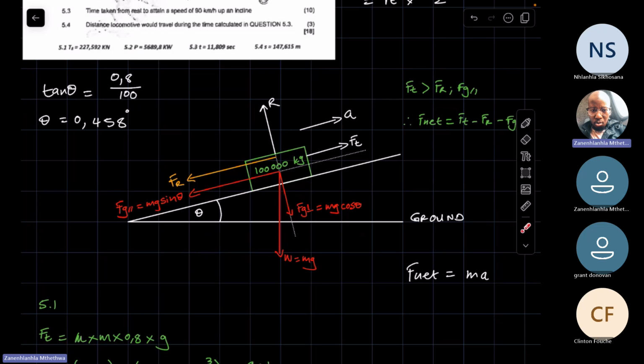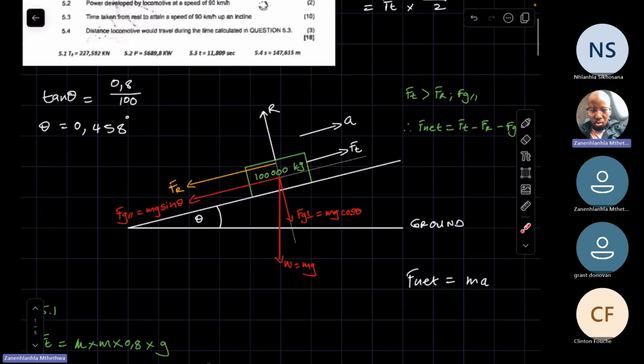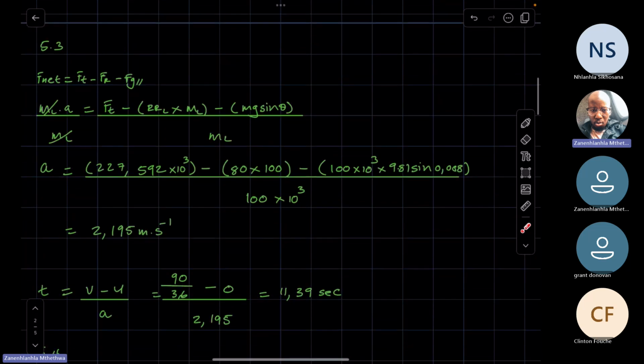So from this, you can get F net, and then from this, you can get the acceleration, because remember, you have the mass of the locomotive. Then you can solve for acceleration. So that is how you would do it.